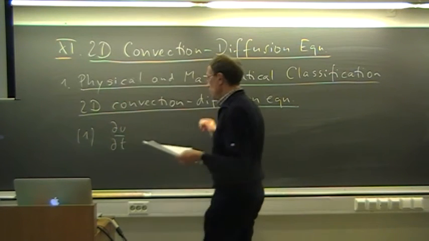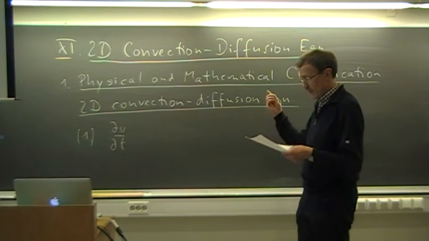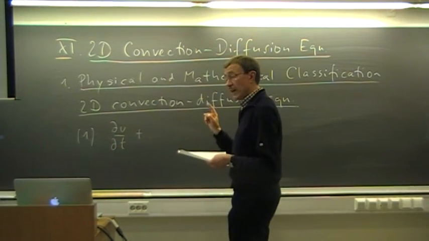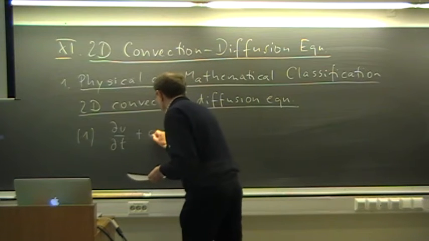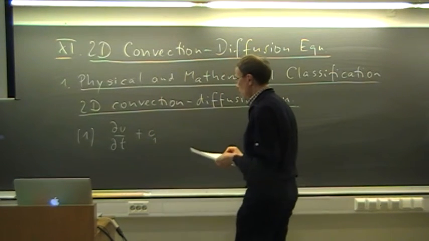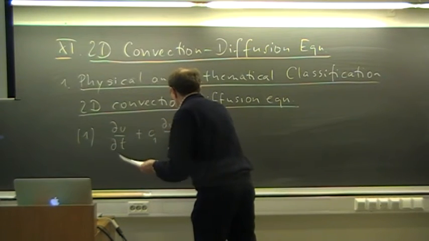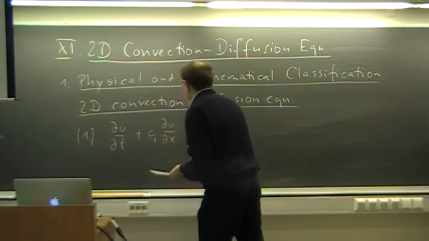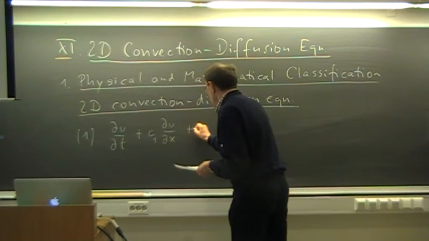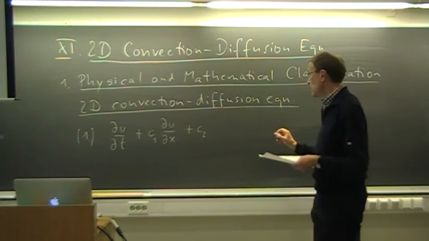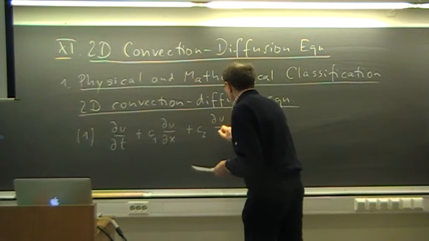So you would now think of temperature as a starter. And then we have a velocity vector that is doing the transport, which I denote the x component by c1. I'll give that detail in a minute, times du dx, plus the y component denoted by c2 of the advection velocity, times du dy.